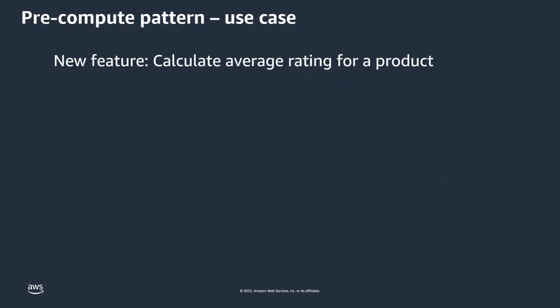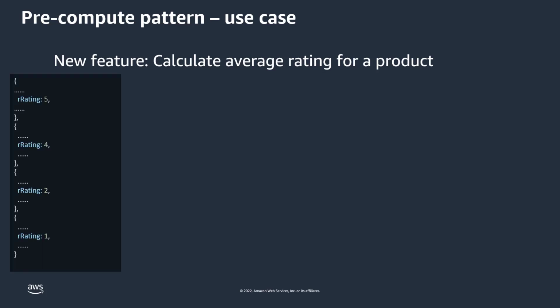Now, the next design pattern I wanted to show is the pre-compute pattern. And to showcase this, let's say we have a new feature that we want to implement in our application, which is to calculate the average rating for the products. So we already have in the reviews collection the rating entered by the reviewers.